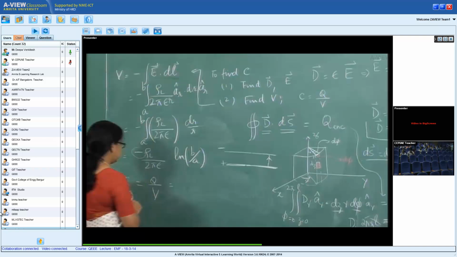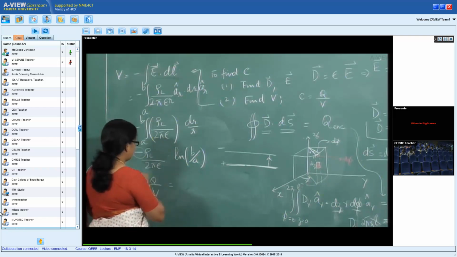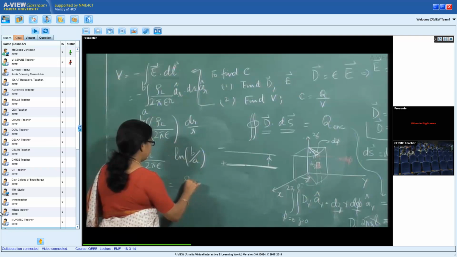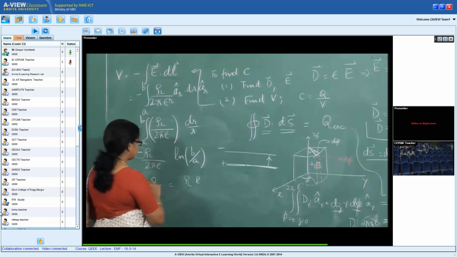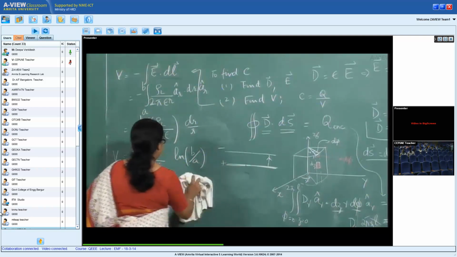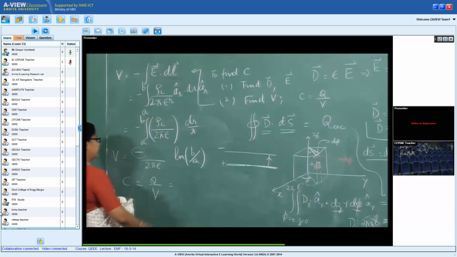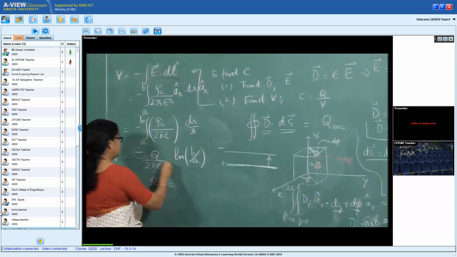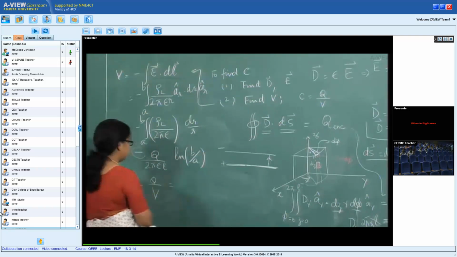So if I do this, what do I get? Q over V. Now what is Q? Q would be rho L times L, the charge, or I could replace this rho L as Q times L, the charge times the total length.